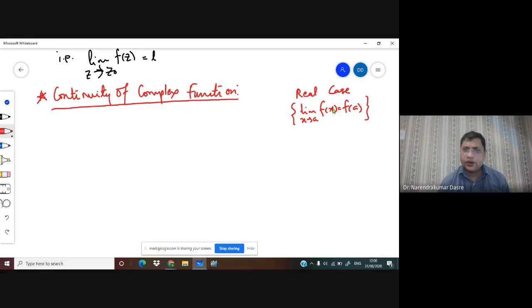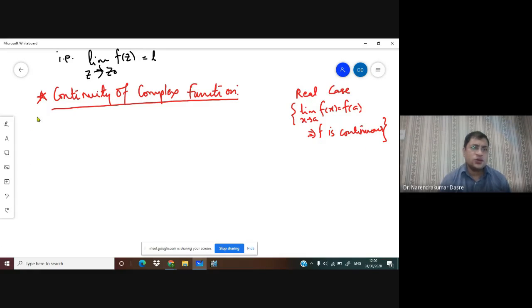So this is the limit value and this is the function value. If the limit value is the same as the function value, then we say f of x is continuous. So this f is a continuous function. And that's what we have to use in the case of a complex variable also.